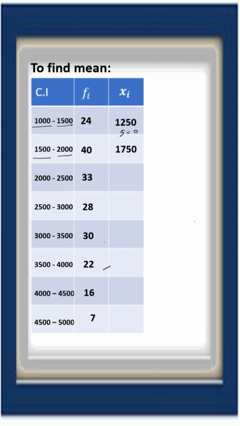If you go on adding 500 to each class mark, you will get the next one: 2250, 2750, 3250, 3750, 4250, and 4750.